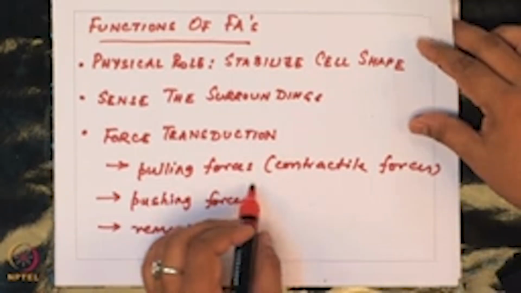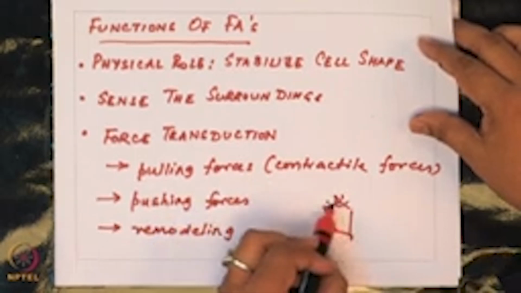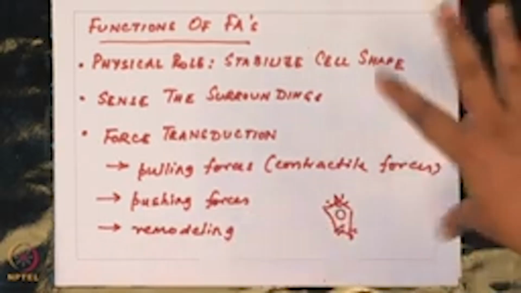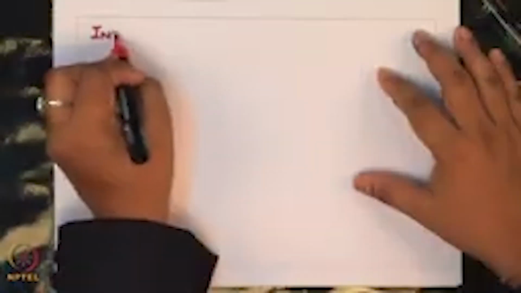So, pulling forces or contractile forces are what induce these wrinkles in cells, right. I have seen the presence of these wrinkles, and that is what pulling forces induce, wrinkles in the matrix. Where would be an example of pushing forces? One case of pushing forces might be in the structures of invadopodia.